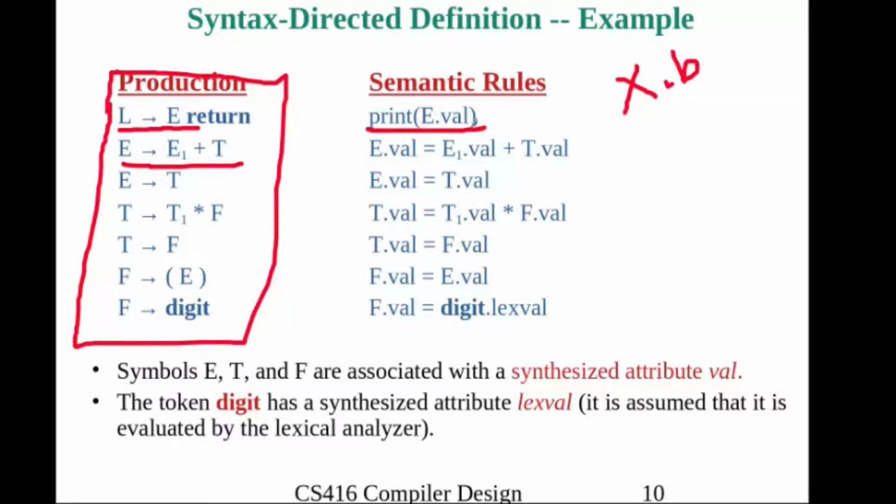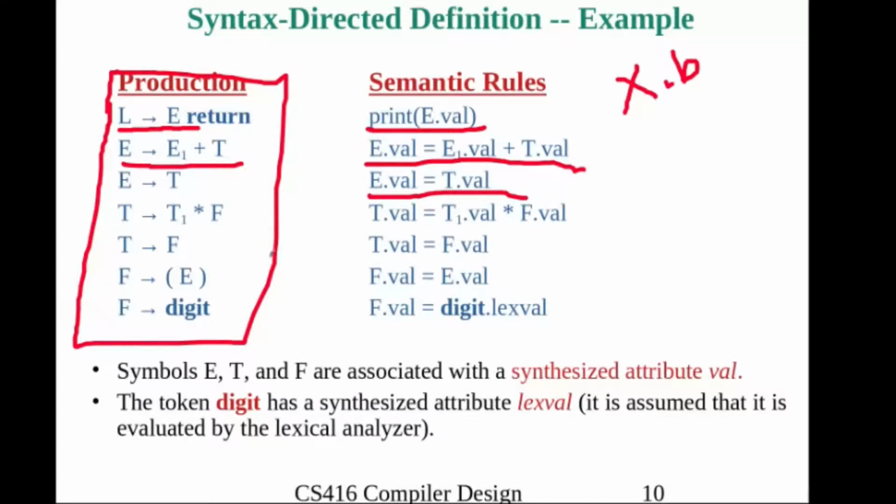Print E dot val. Then for E gives E1 plus T, this is the semantic rule: E dot val is equal to E1 dot val plus T dot val. For E gives T, E dot val is equal to T dot val. For T gives T1 star F, T dot val is equal to T1 dot val star F dot val.